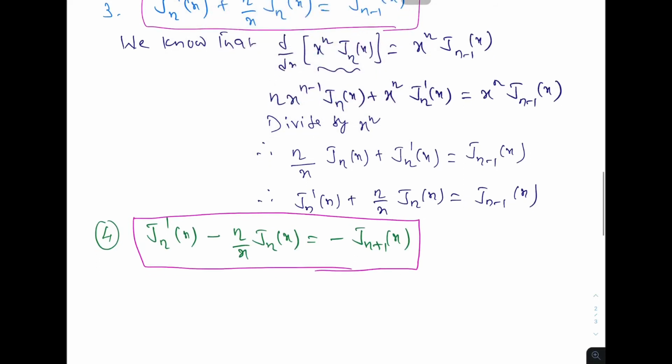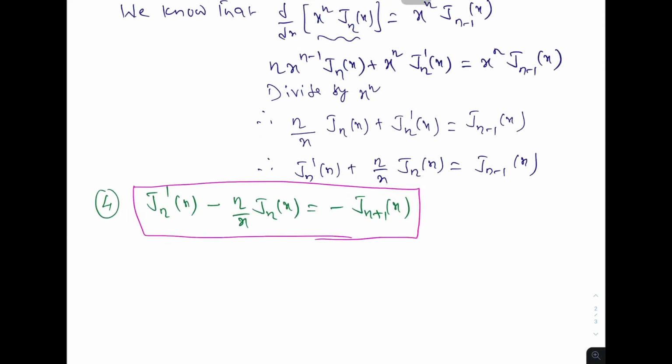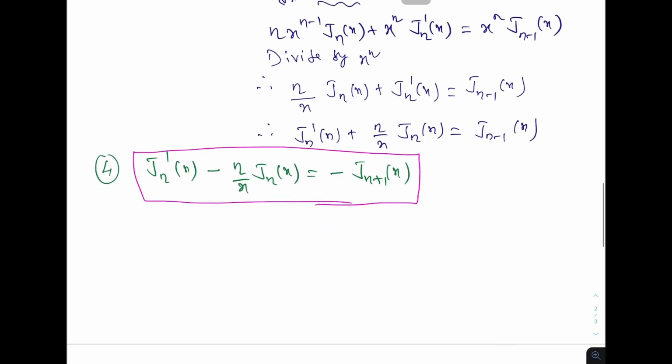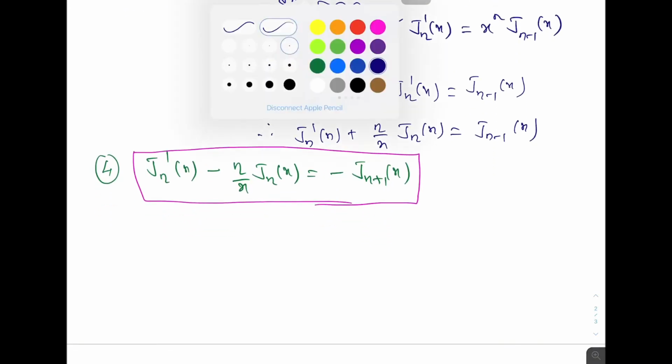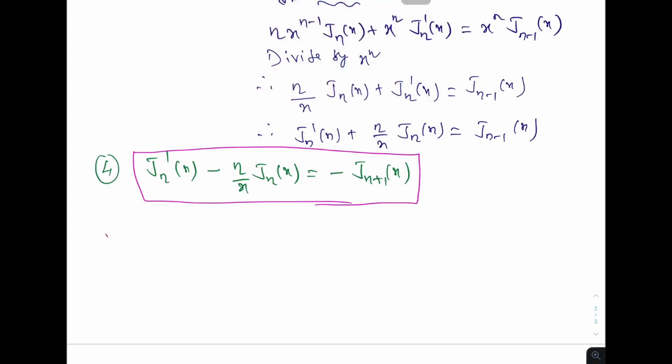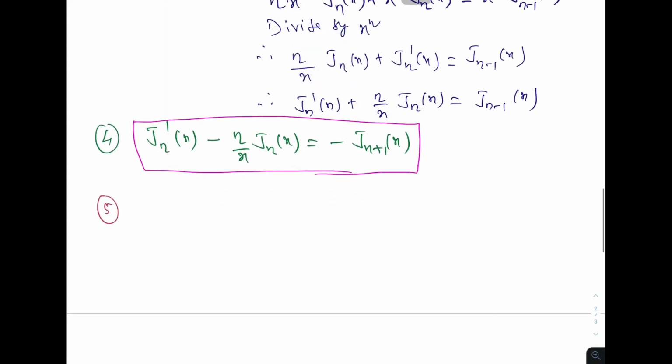Next property is two times Jn dash x equal to J n minus 1 x minus J n plus 1 x.